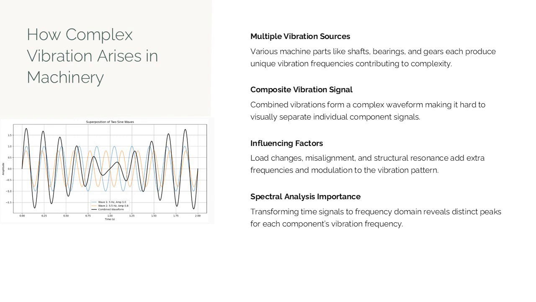This is why vibration analysts rely on spectral analysis, which transforms the time domain waveform into a frequency domain representation, allowing each component's vibration to be displayed as distinct peaks corresponding to its forcing frequency. Understanding how complex vibration develops in machines is critical for implementing effective monitoring strategies and ensuring reliable operation.